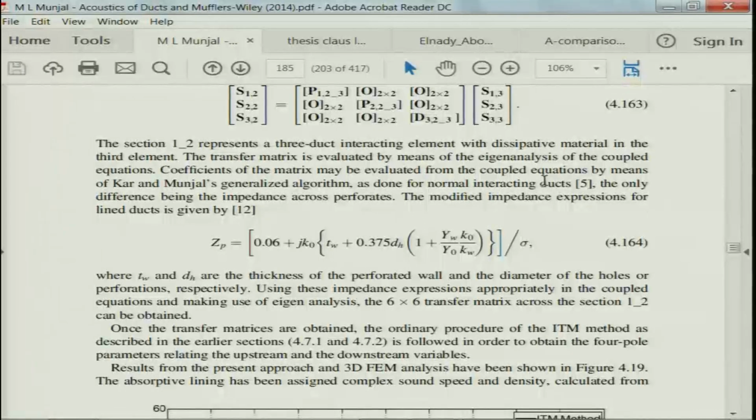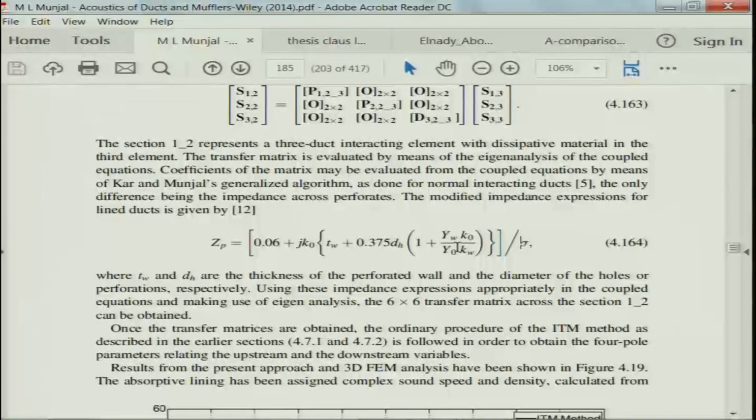Now, notice the fact that here you have a very small real part, 0.06, and here you have 0.375 dH. So, YW and KW are the characteristic impedance and the wave propagation constant, the wave number, in the dissipative material, and K naught, Y naught are the counterparts in air.